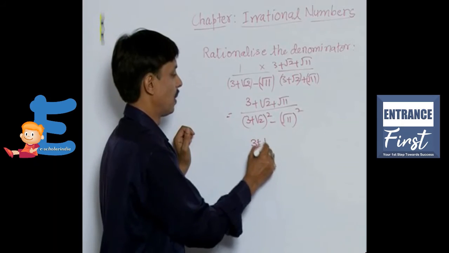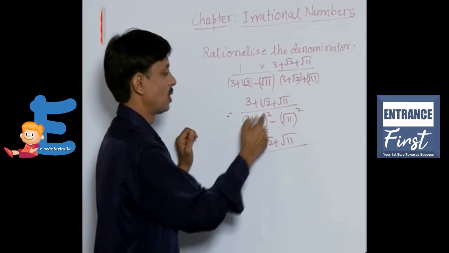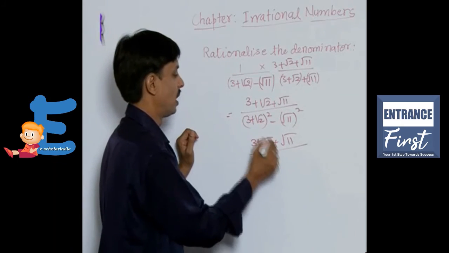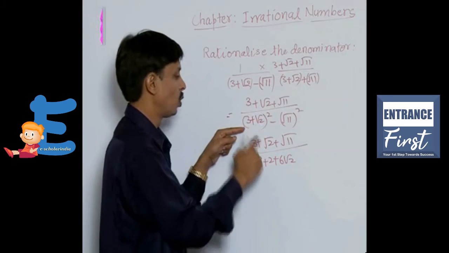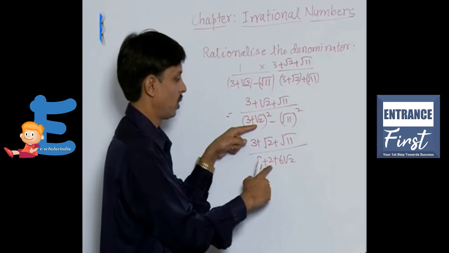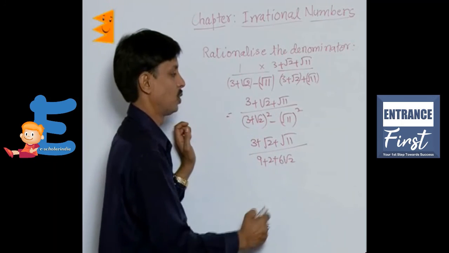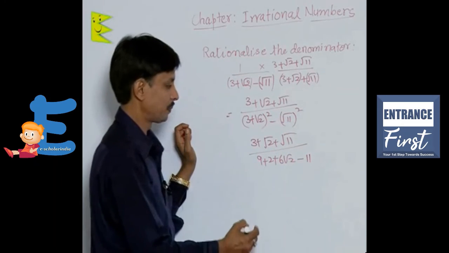This becomes 3 plus root 2 plus root 11 upon 3 plus root 2 whole square, a square plus b square plus 2ab, that is 6 root 2. 3 plus root 2 whole square: 3 square is 9, root 2 whole square is 2, plus 2 into 3 into root 2 becomes 6 root 2, minus root 11 whole square is 11.